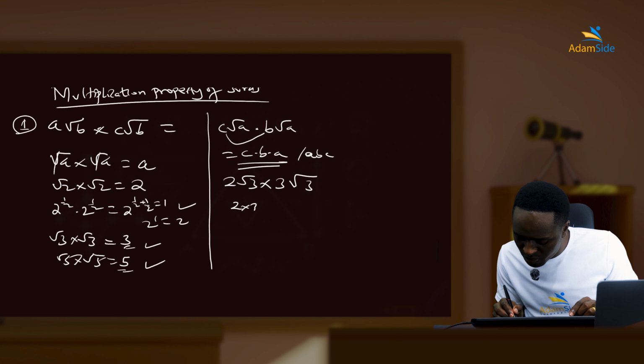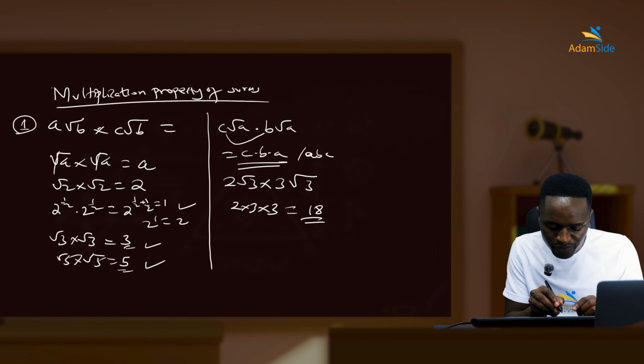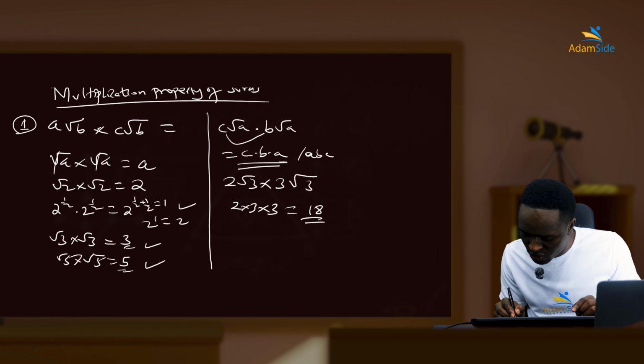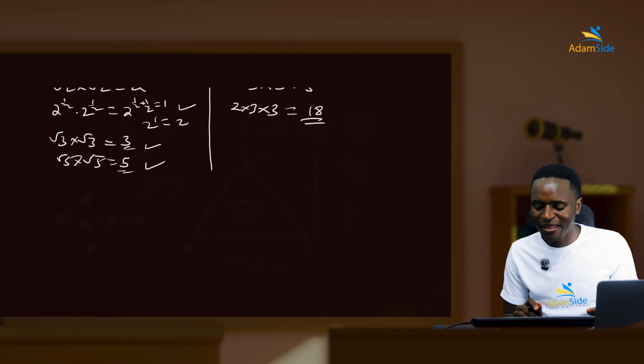In that case, you multiply 2 times 3, and root 3 times root 3. So 2 times 3 is 6, so it will be 6 times 3, which is 18. As simple as it is, dear champion.